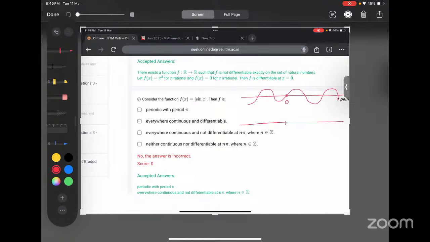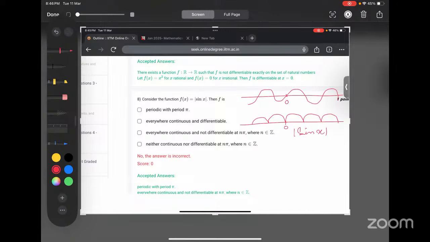That means it will be reflected with respect to the x-axis, right? So we will get continuous bounces or continuous semicircles, like that, right?